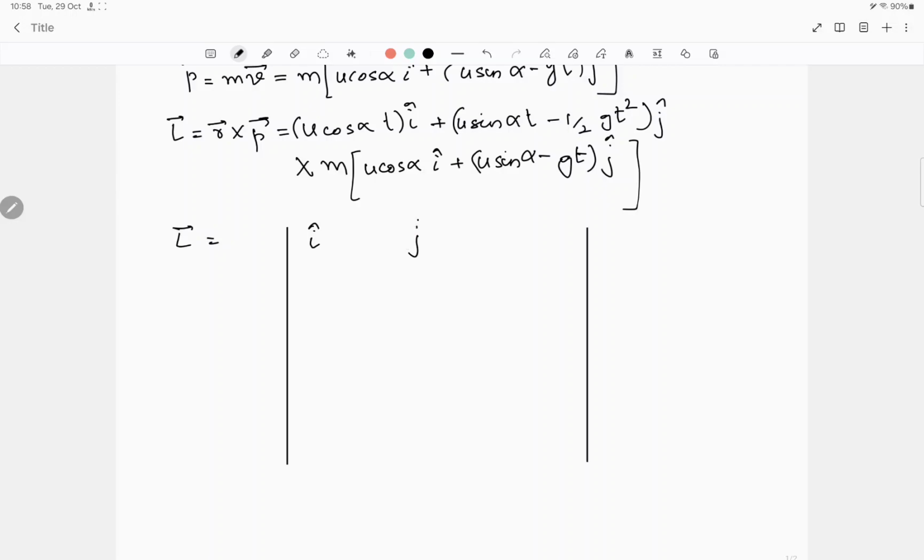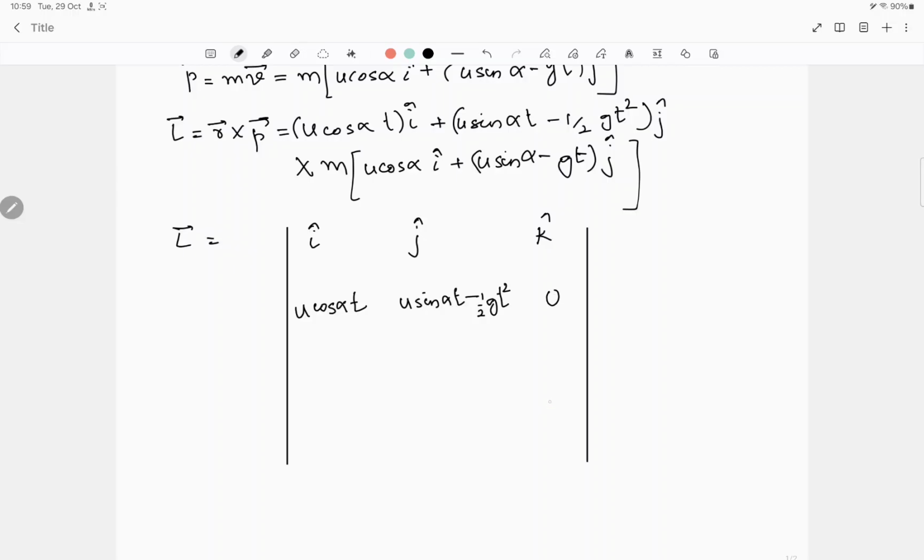I cap, j cap, k cap. The x component of r is u cos alpha t. The y component is u sin alpha t minus half g t square, and the z component is 0.